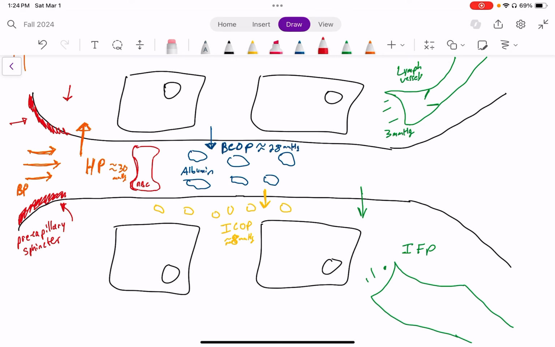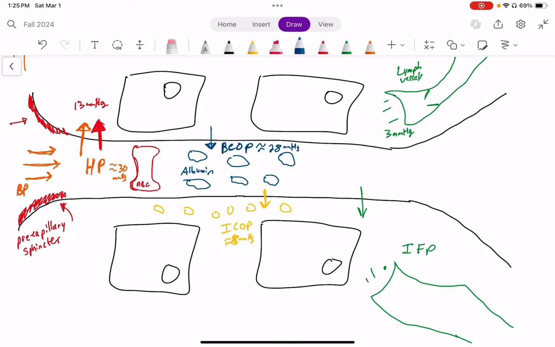And this results in a net flow out, right? Because you can see that 30 plus 8 plus 3 would be 41. 41 minus 28 is 13. So it's a net 13 millimeters of mercury causing blood to come out on the arterial end.